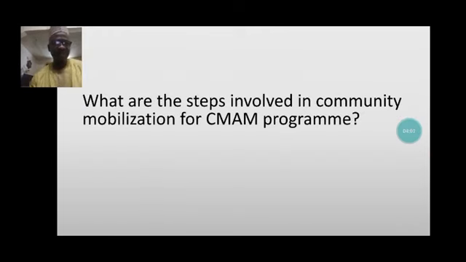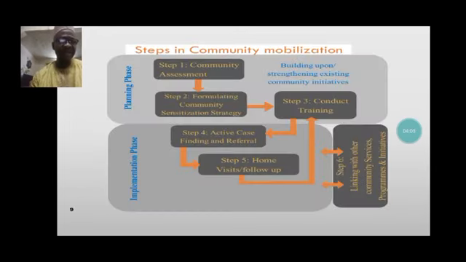What are the steps involved in community mobilization for CMAM program? These are the steps. There are two phases, the planning step and the implementation step. In the planning step, we have step one, that is community assessment. Very, very important.